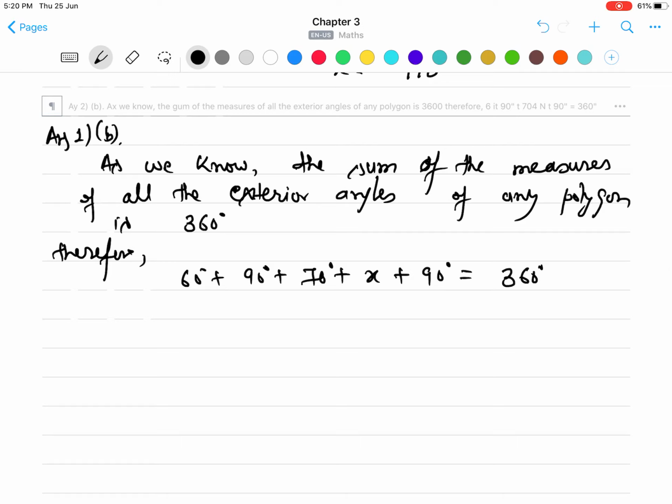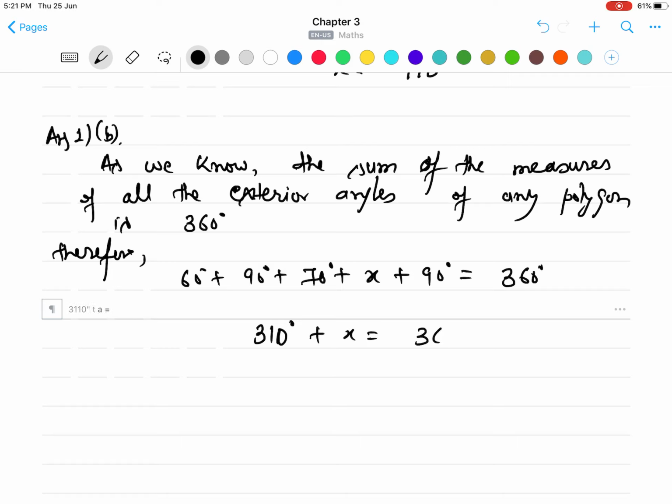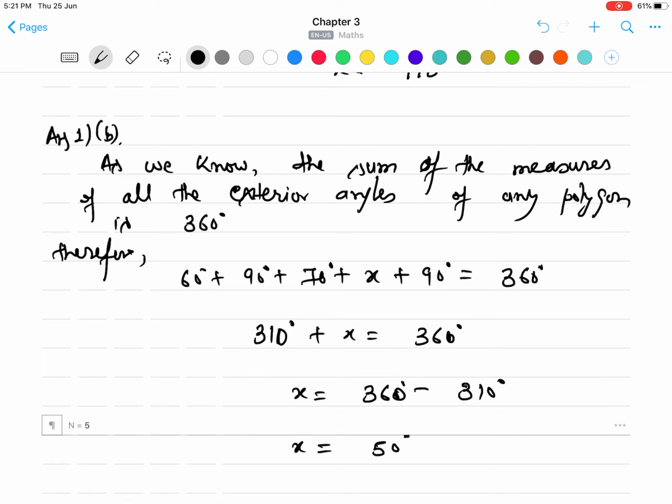60 plus 90 is 150, 150 plus 90 is 240, and 240 plus 70 is 310, not 210. So this will be 310 plus x equals 360 degrees, or x from here will be 360 degrees minus 310 degrees, or x will be equal to 50 degrees.